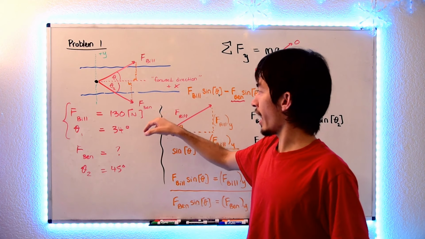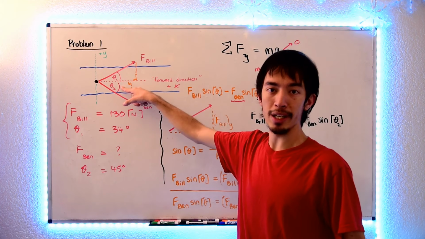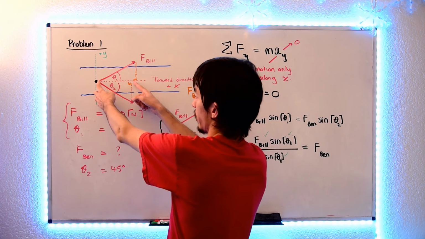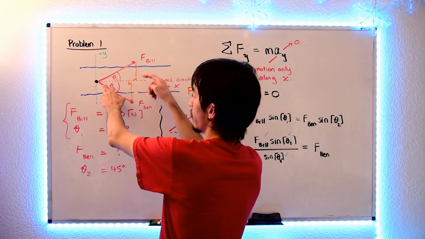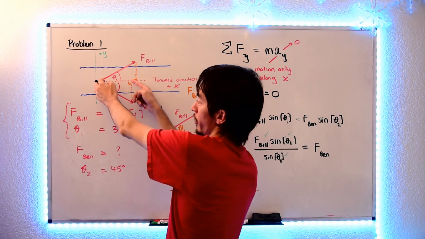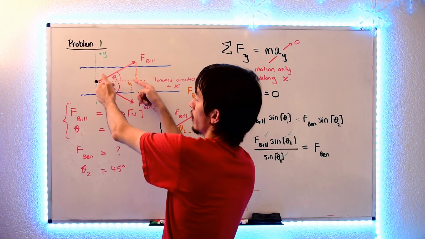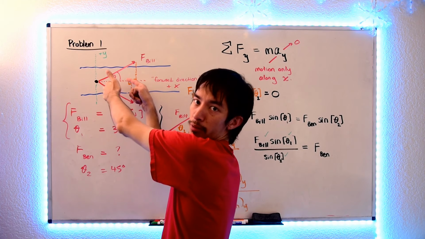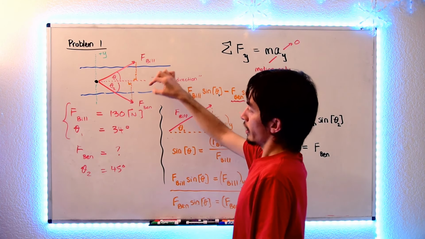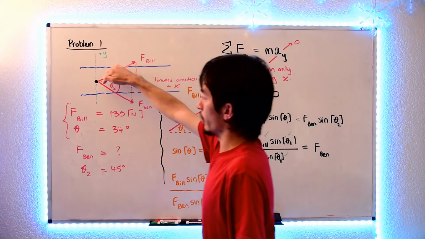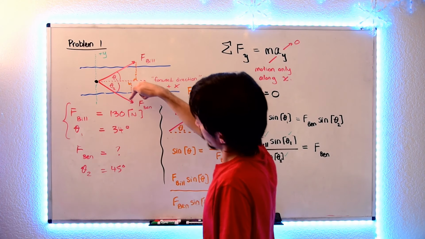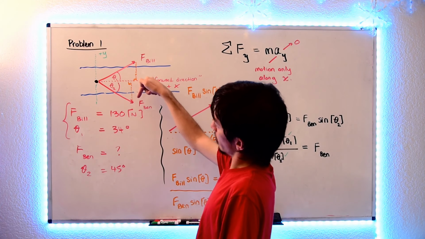So for theta 2 being bigger, this force right here is going to have a bigger x component, a bigger y component to x component ratio. What's going to happen is with that bigger angle, you're going to find that there needs to be less force. Actually, I think it's more force from Ben.